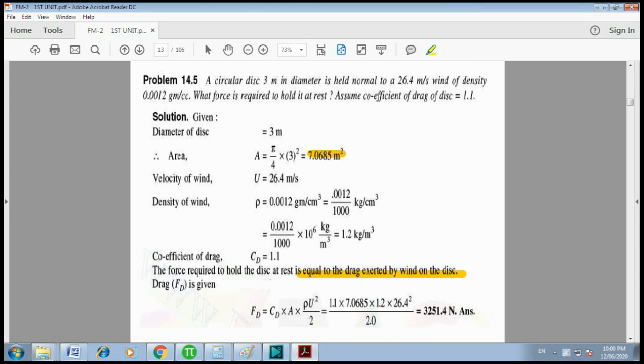That is FD is equal to, the standard formula, CD into A into rho u square divided by 2. Putting these values, we calculate the drag force as 3251.4 newton. Okay, so we'll see the next example.